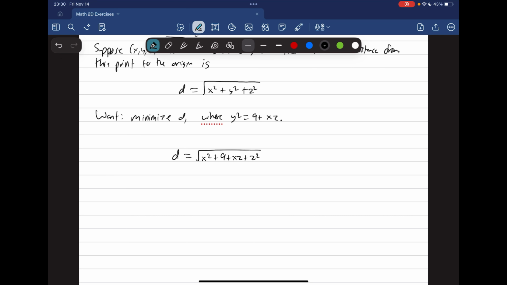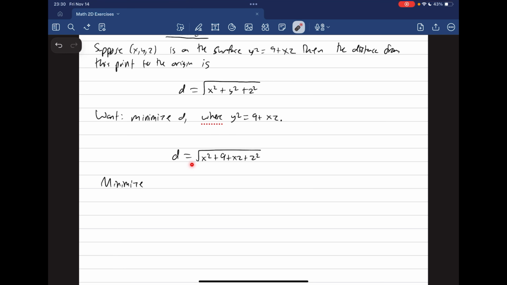And so then our problem would be to minimize this function. But if you tried to do this minimization with this function of x and z directly with the square root, the partial derivatives you need to calculate become really ugly.